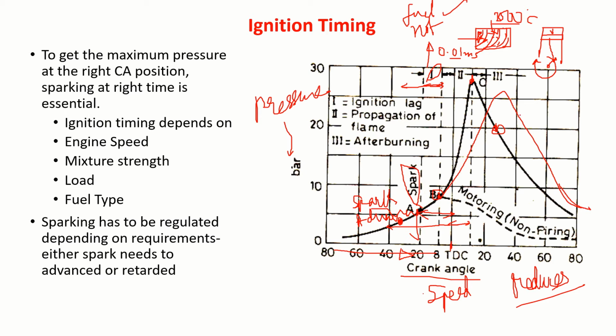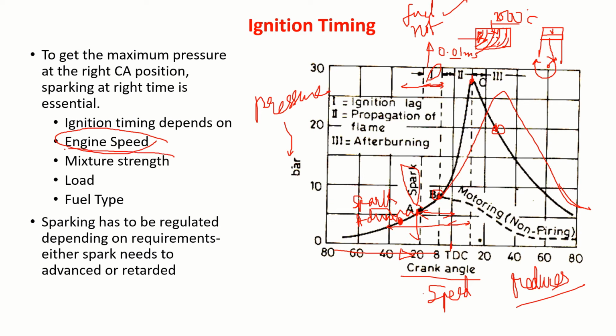So to have complete combustion and complete energy release, or you can say to have the right thermal efficiency, it is necessary to do that. To get the maximum pressure at the right crank angle position, sparking at the right time is essential. Therefore, with ignition and engine speed, you have to be careful.